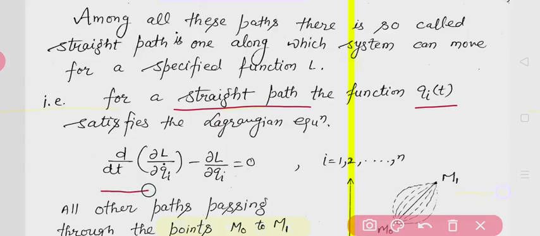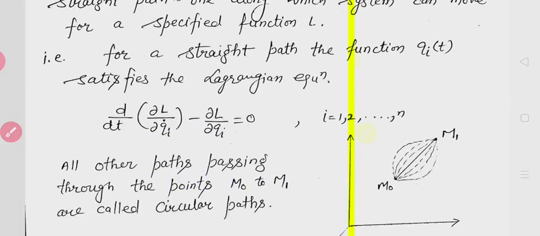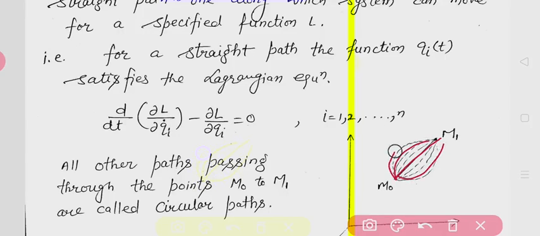And what is the Lagrangian equation? d by dt of partial L over partial qi dot minus partial L over partial qi equal to 0. Here i is varying from 1 to n. Okay, so except this state path, where qi satisfies the Lagrangian equation, all the other paths are known as the circular paths. So all other paths are known as circular paths, which are varying while passing through m0 to m1.